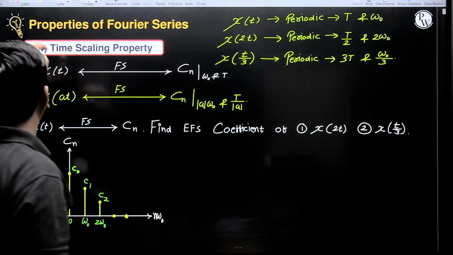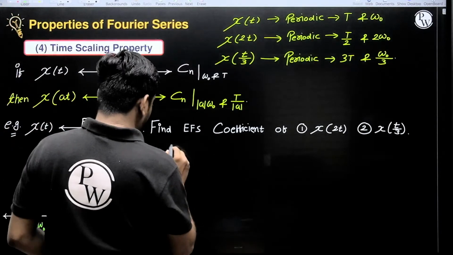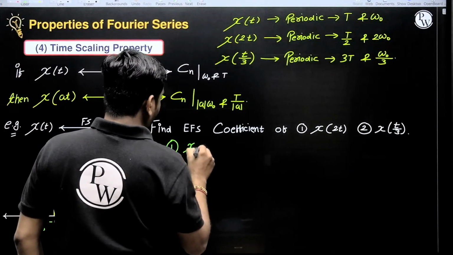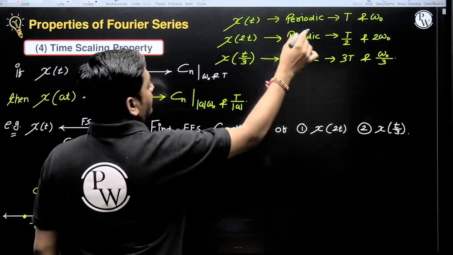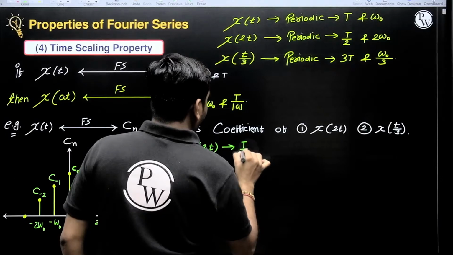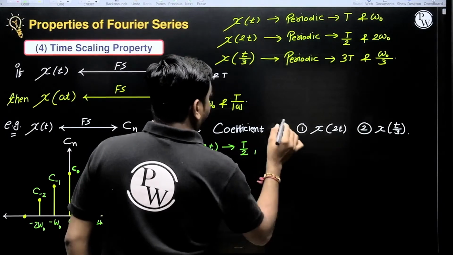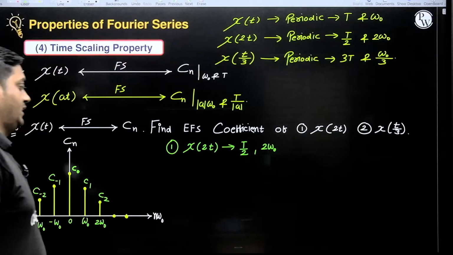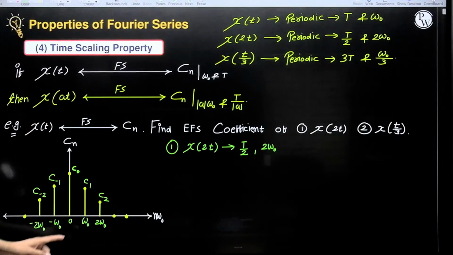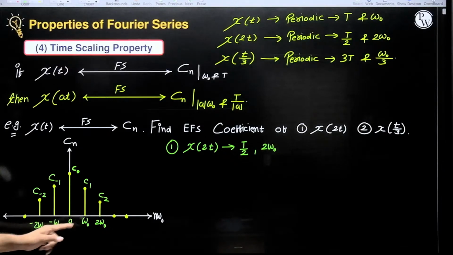Now see, first I am taking x of 2t, guys. In x of 2t, the fundamental time period will be T by 2, and the frequency will be 2 omega 0. So here the frequency omega 0 becomes 2 omega 0.